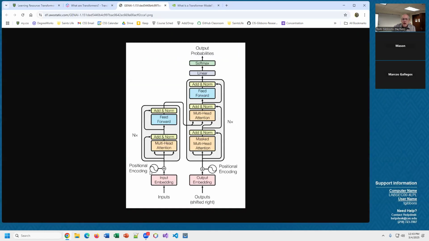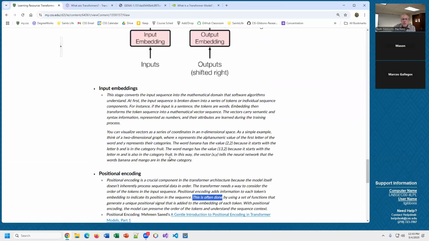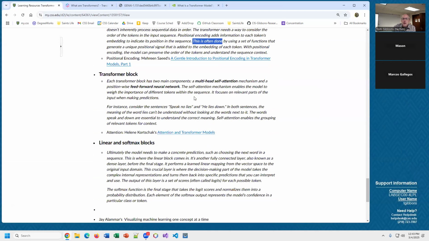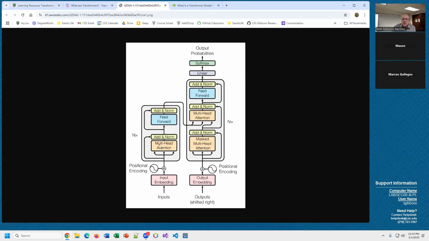And now we're getting to these transformer modules, these encoding modules. In there we have this multi-head self-attention and a feed-forward network. So again, we have a multi-head attention and a feed-forward network.